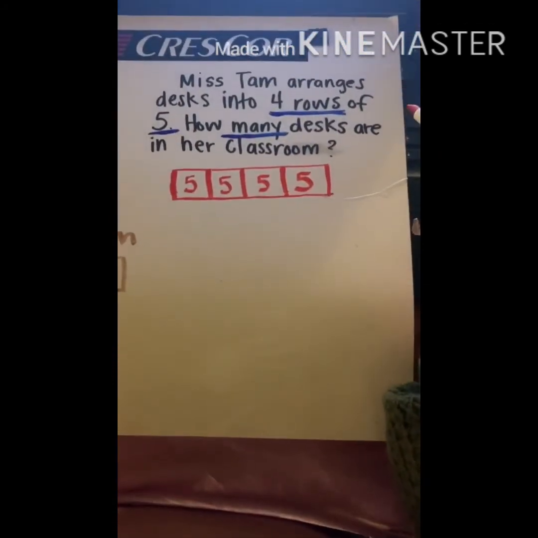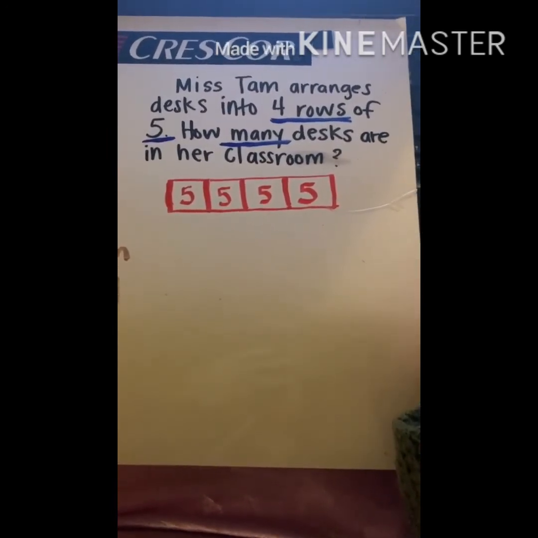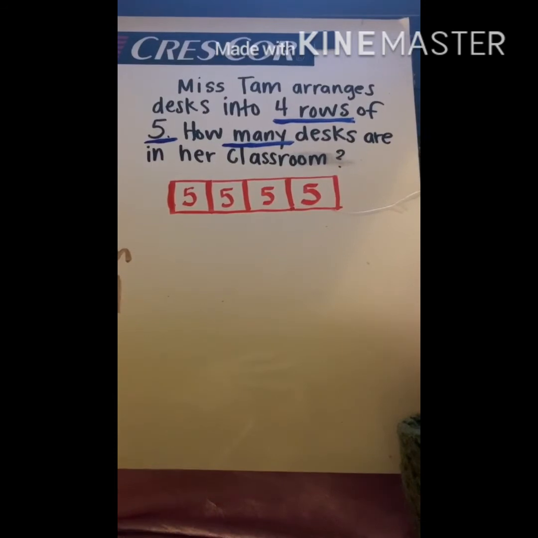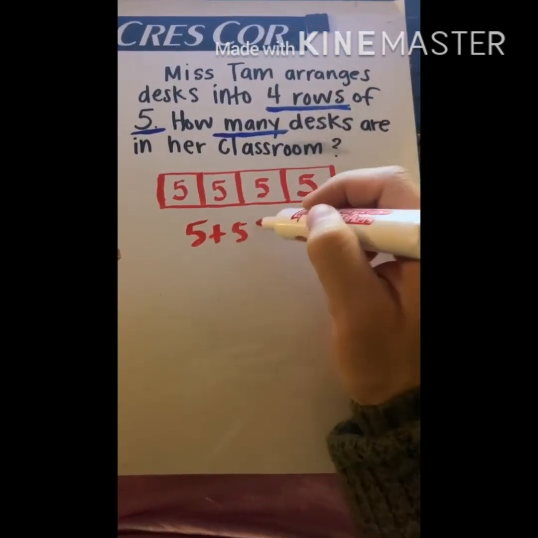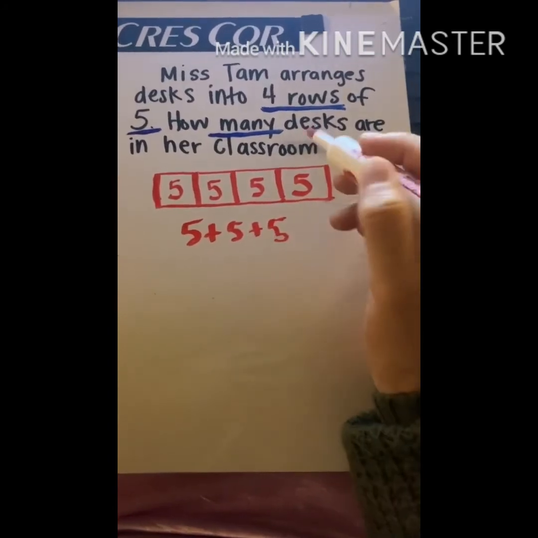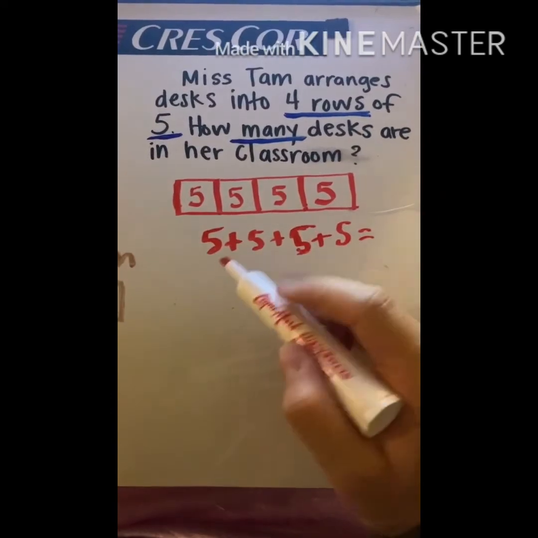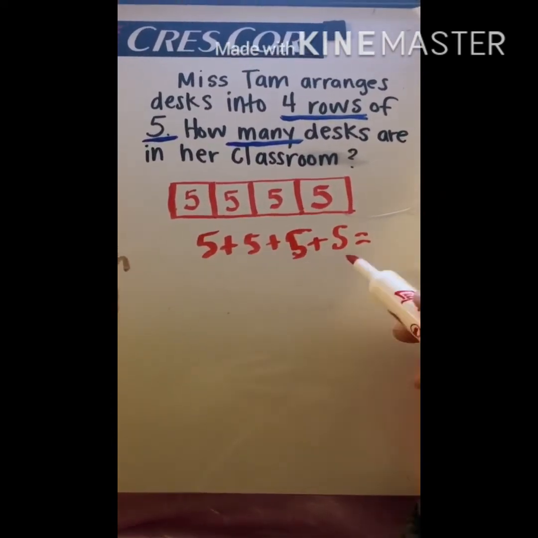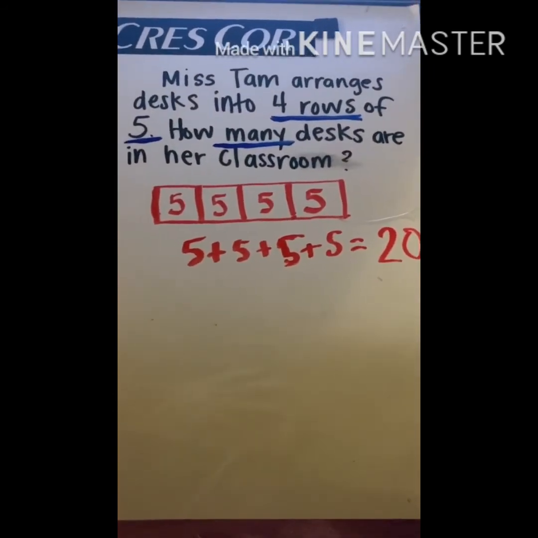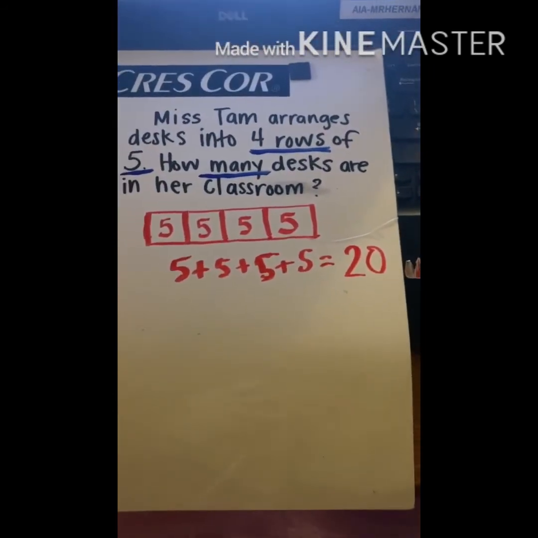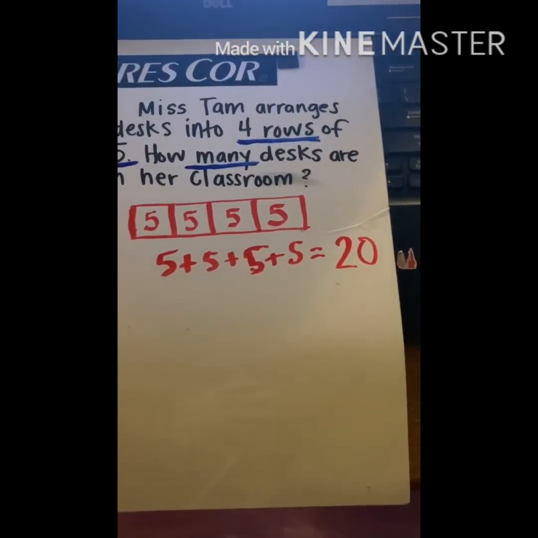So what can I do to find the total? Yeah, that's right. Do our repeated addition sentence. So we're going to add 5 plus 5 plus 5 plus 5 gives us 5, 10, 15, 20. So Miss Tam, she has how many desks in her classroom? That's right, she has 20.